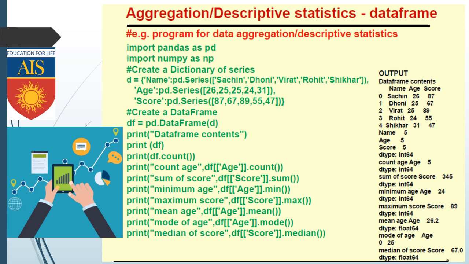So df equals pd.DataFrame, then print the data frame content, print df, then print the count, df.count, then count the age, then print the sum of score, df score sum, then the mean of age, age.mean, then the maximum score, score.max, then the minimum age, then the mode of age, age.mode, then the median of score, score.median.